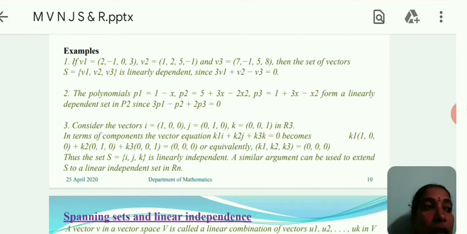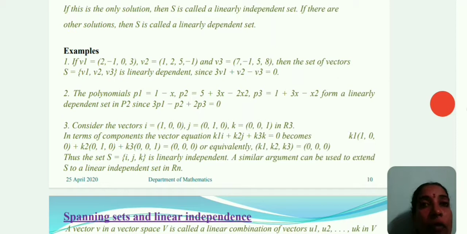These are the scalars belonging to F, and at the same time you take the vectors alpha 1, alpha 2, and so on up to alpha n belonging to V. Now the linear combination is denoted as a1 alpha 1 plus a2 alpha 2 plus and so on up to an alpha n, and that value is equal to 0 bar.